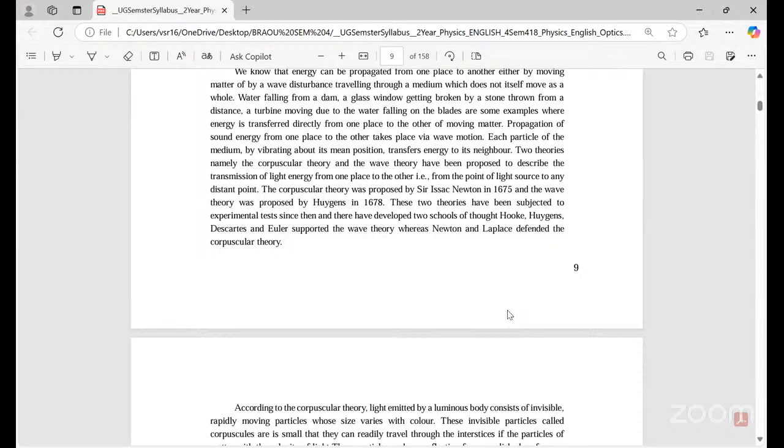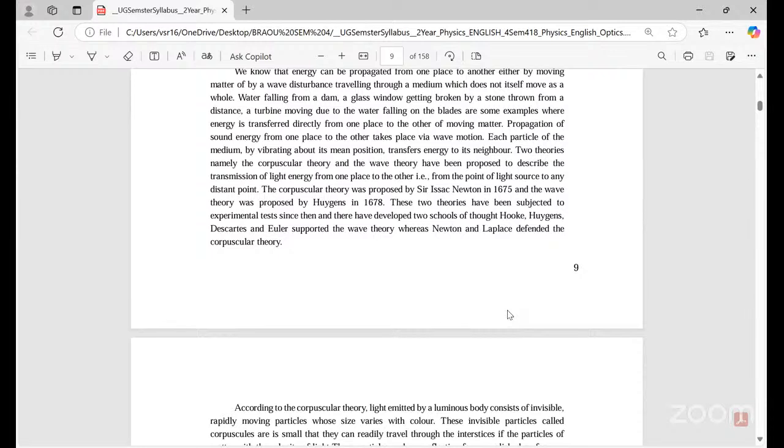According to Isaac Newton's corpuscular theory, the energy propagates by particles only, not by waves. But some properties in physics this theory failed to explain clearly.